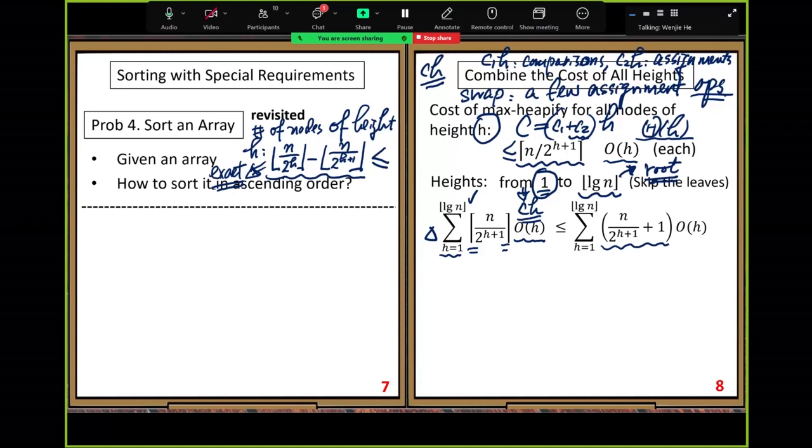Because that difference should be less than or equal to 1. Actually less than 1, it can even be not equal to 1. But here we are very generous, so we enlarge it by adding that plus 1. In this way, we remove the ceiling function, so our math calculation will be much easier. All right. So then there are two terms.